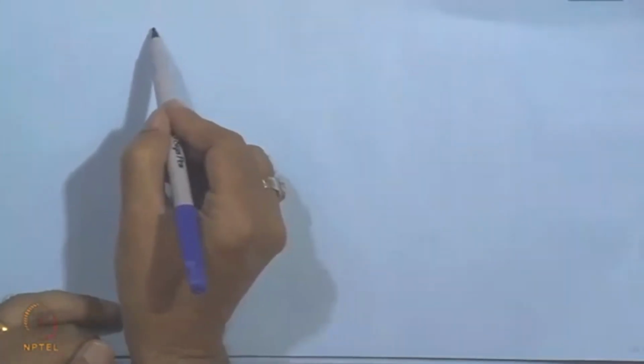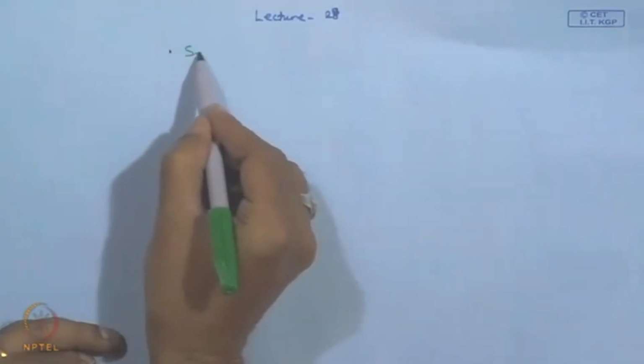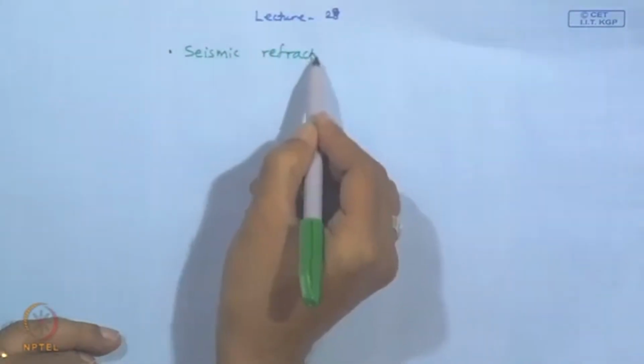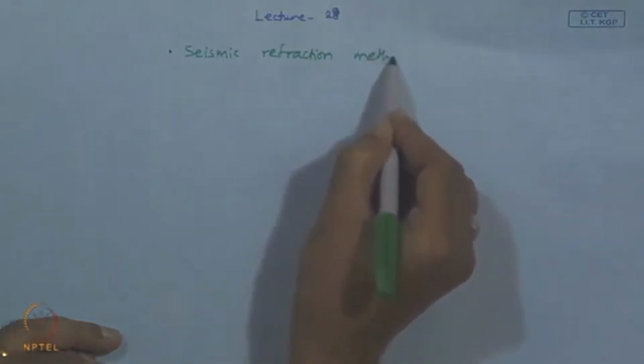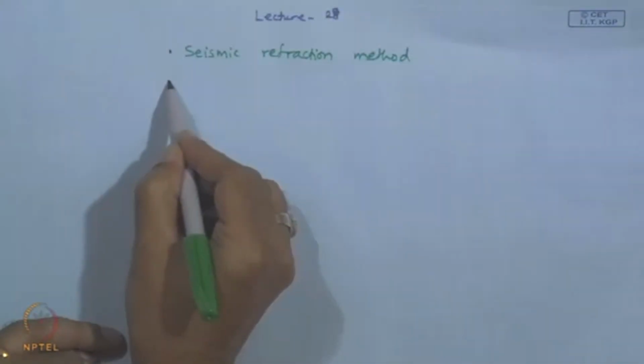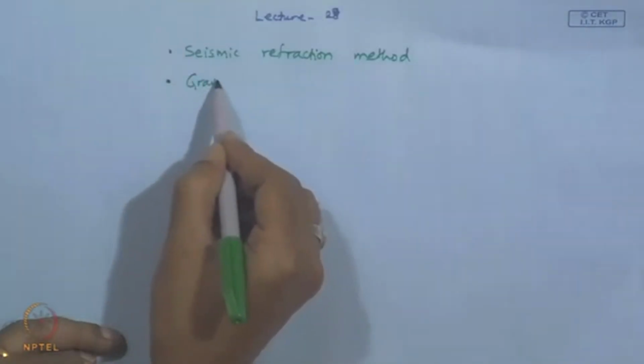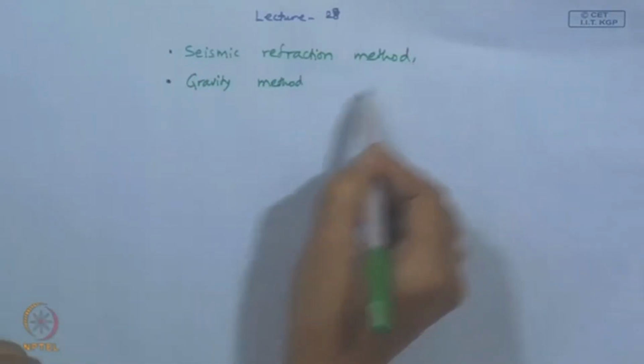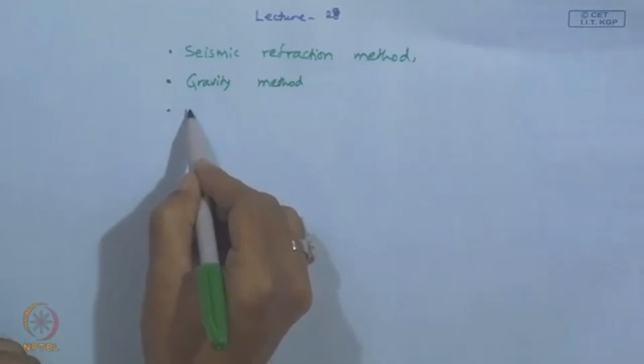In this lecture we will continue the incomplete part of the previous lecture, that is the seismic refraction method, followed by the gravity method and the magnetic method.